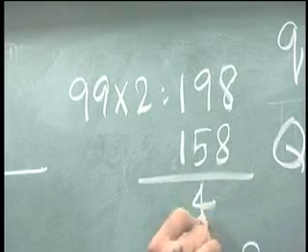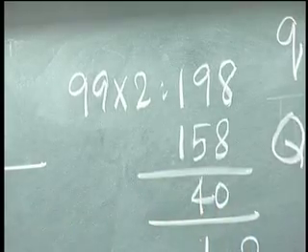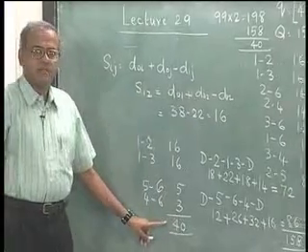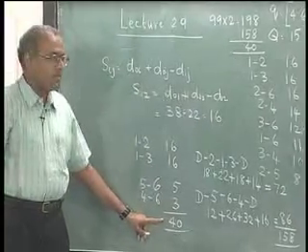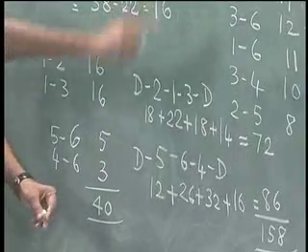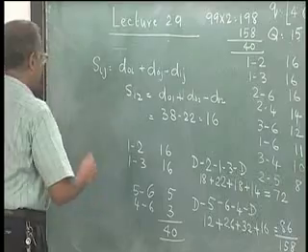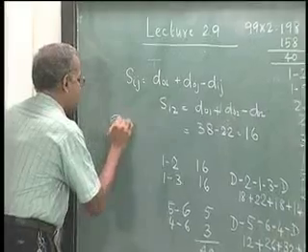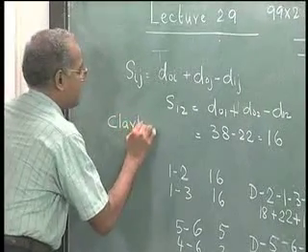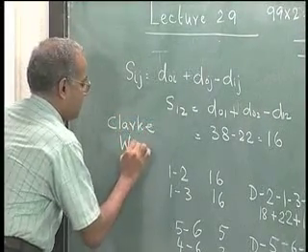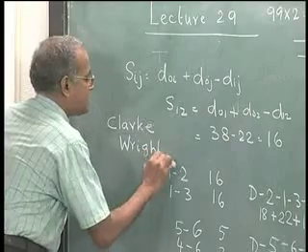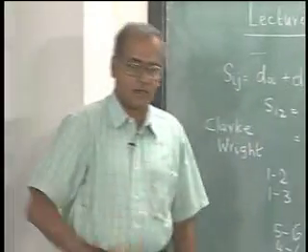So the saving is 40, which is the same saving, that is 40 here. So this is how the savings based algorithm works, and the algorithm that we have seen is called the Clarke-Wright algorithm, or Clarke-Wright savings based algorithm.